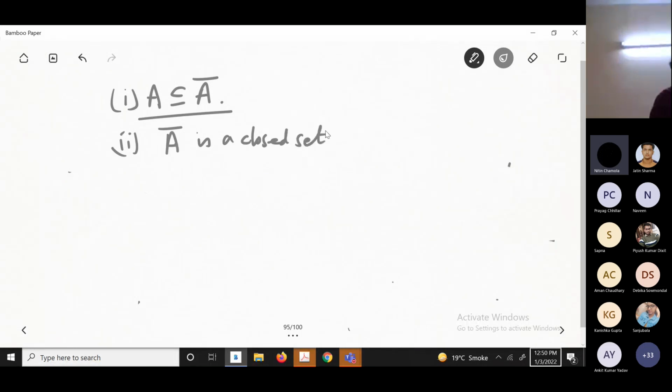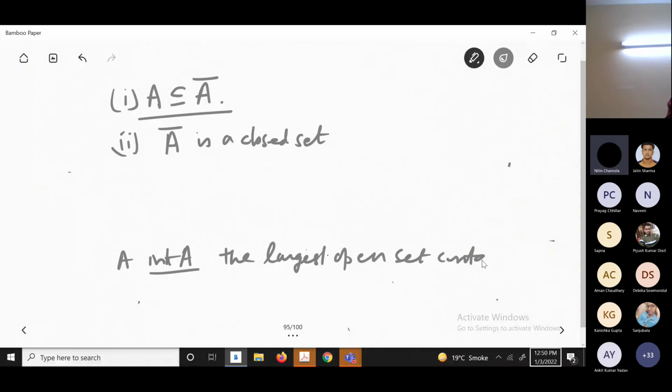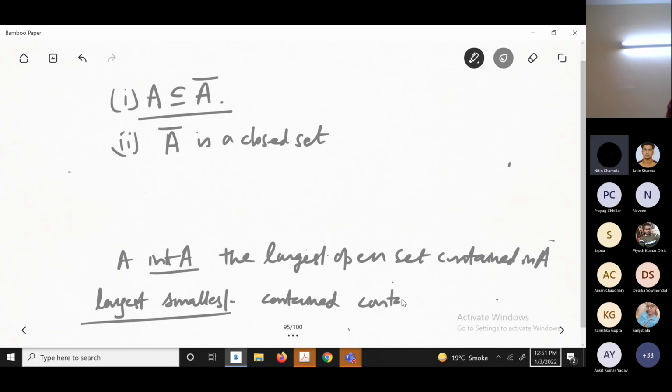Look, interior was the largest open set contained in A. When you go for the change on this, the largest should become the smallest, in English language, and contained should be changed to containing. So if you go for A bar, this is a closed set, you can prove that.